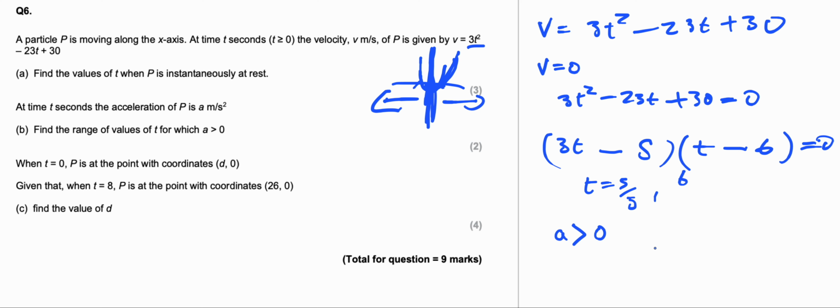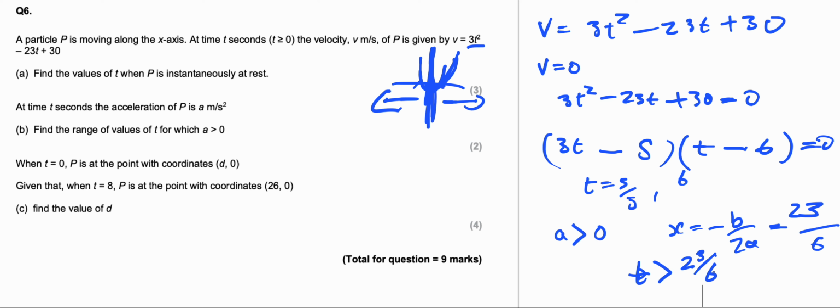The lowest point of a graph, or the axis, is minus b over 2a. So minus b is 23, and 2a is 2 times 3, which is 6. So the range of values of t for which a is greater than 0 is when t is bigger than 23 over 6.